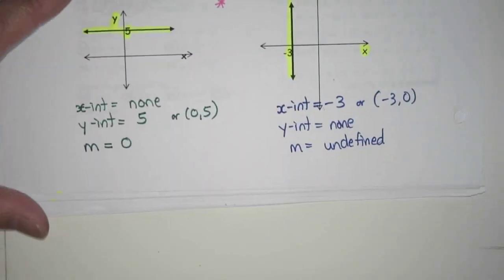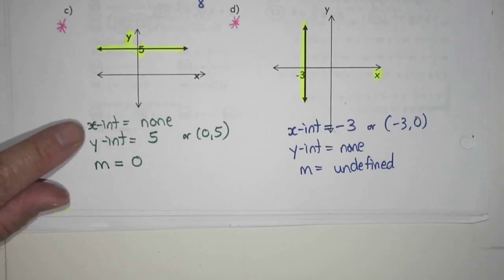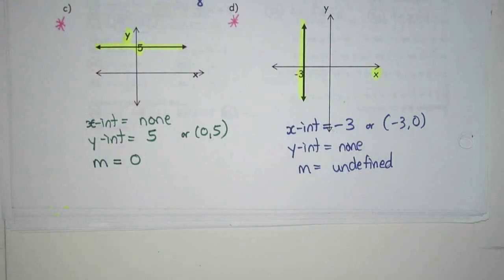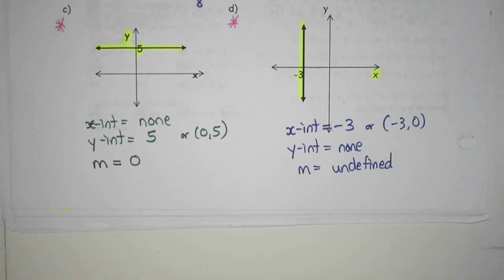So only answer that. Do not give the equation. I want x-intercept, y-intercept, and slope. Okay, not what the equation is. So if you answer too much or too little, it's wrong, right? So if I said, what is your first name, but you give your first and last name, it's still wrong. It might be right, but it's also wrong, so you will lose marks. Okay, so make sure you answer the question asked.